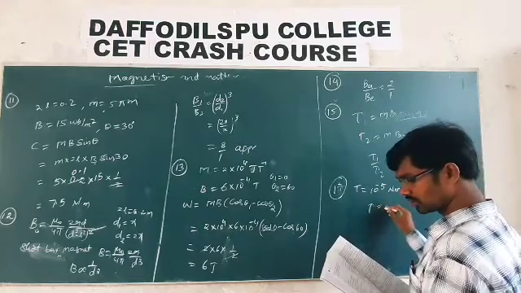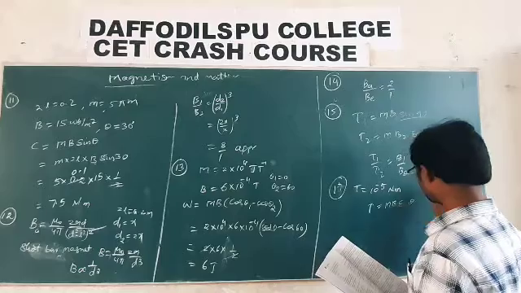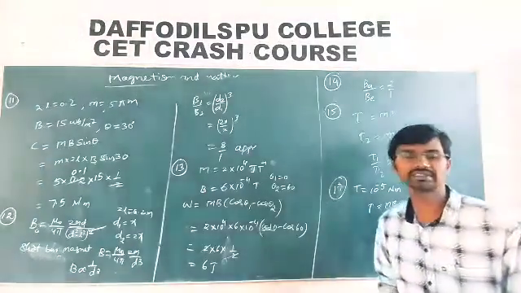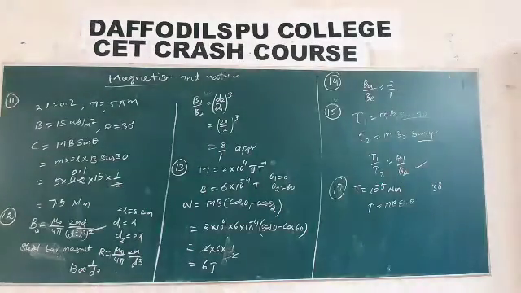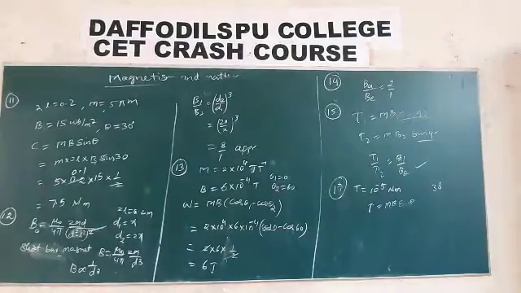Then B1 by B2 is equal to tan theta 2 by tan theta 1, that is tan 60 by tan 30. Tan 60 value is root 3, tan 30 is 1 by root 3. So which is 3 is to 1.